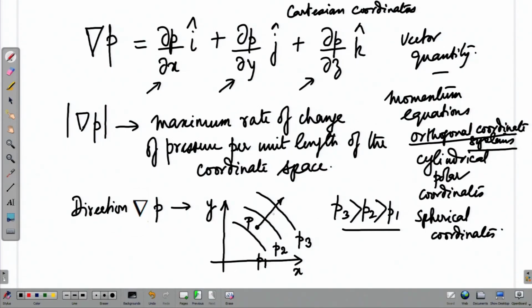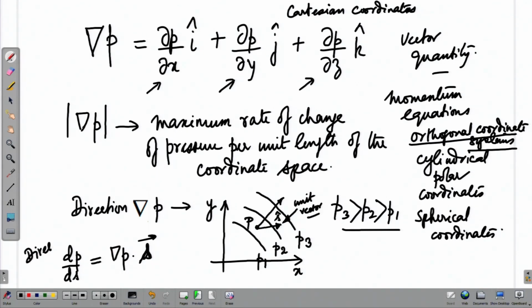If you are looking at any other direction, let us say a different direction which is defined by a unit vector S, then the gradient of the pressure field along the S direction could be obtained by taking a dot product between grad P and the unit vector S. So, that gives you what?